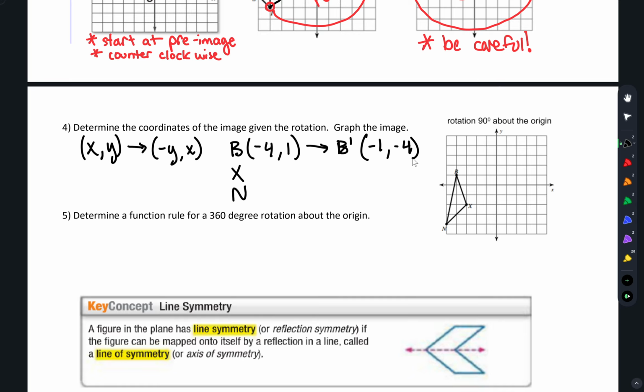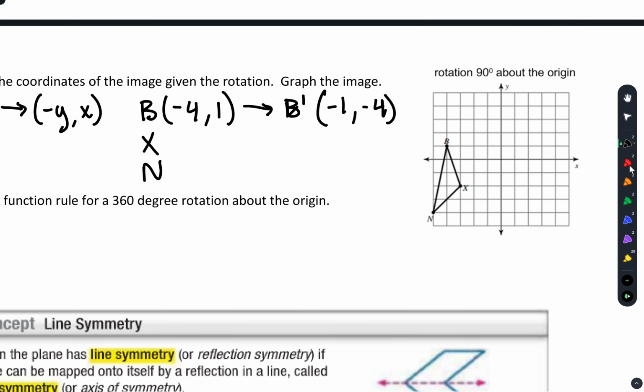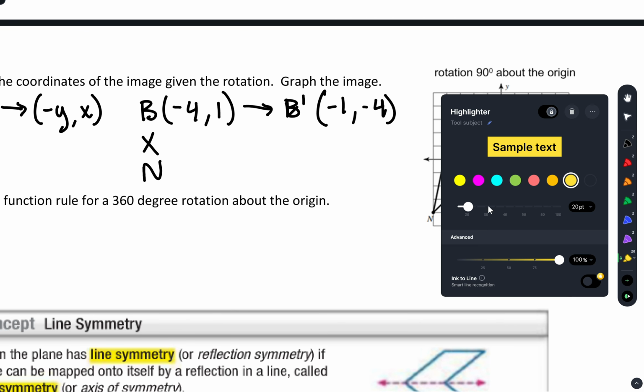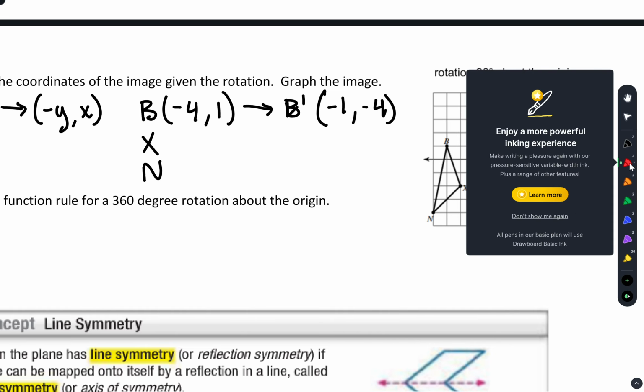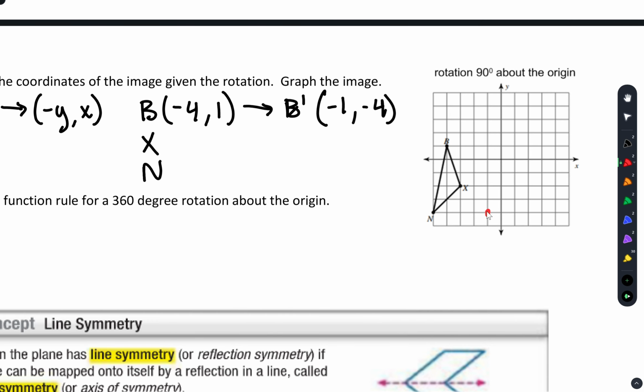So my new point, B prime, would be located at -1, -4. Let me graph that on here. -1, oops, is right here. Questions on that?